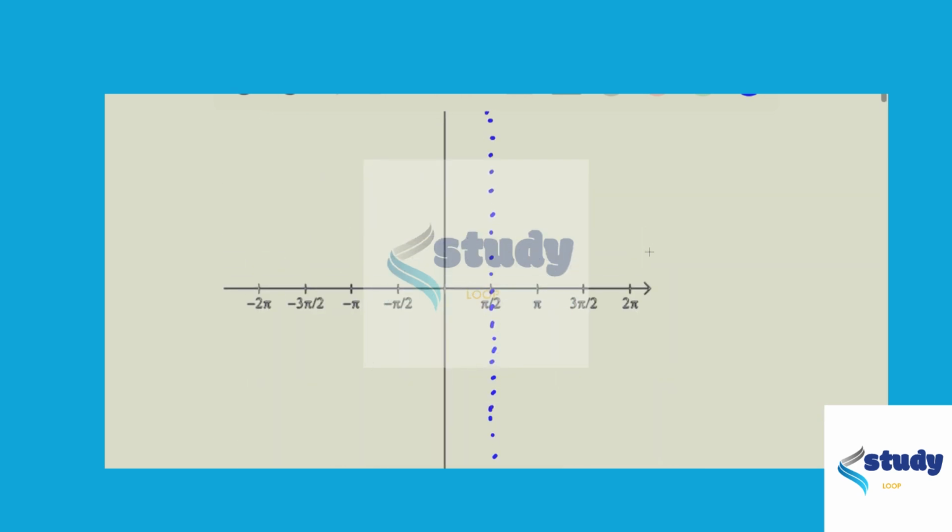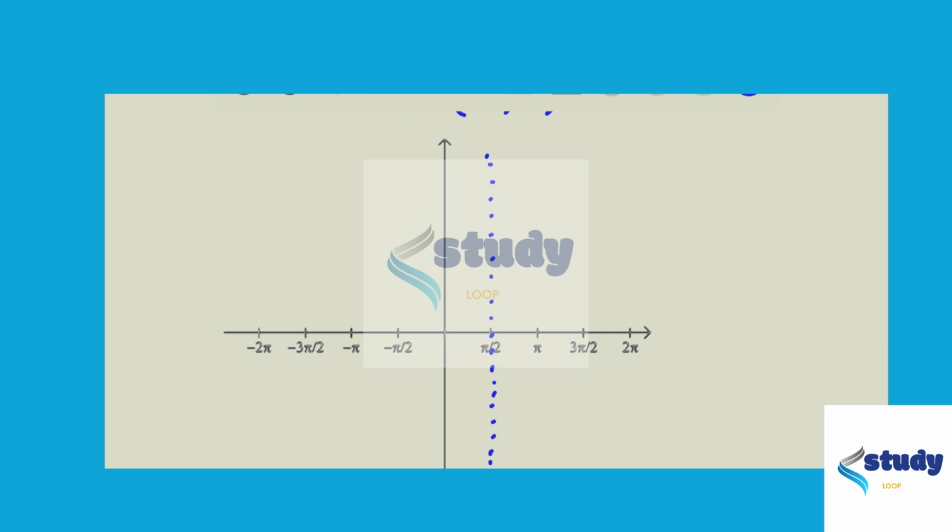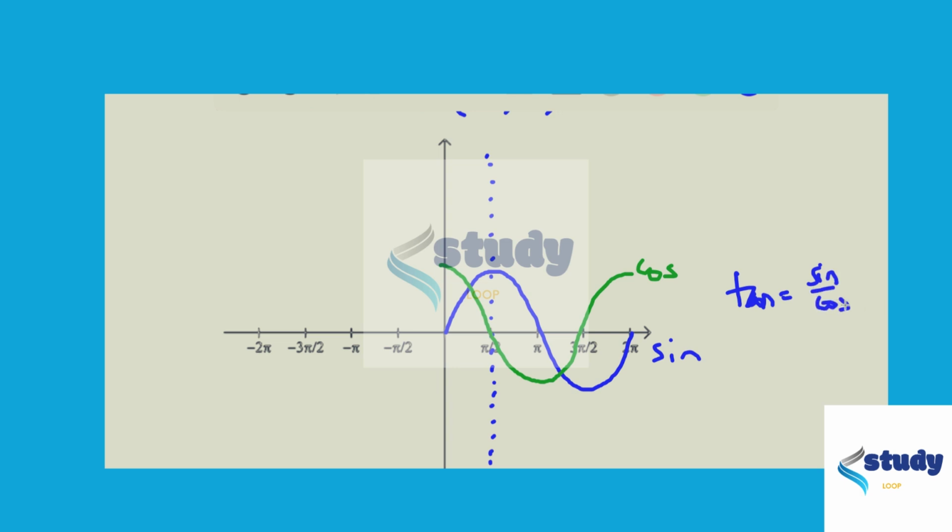So even if you thought of, let me sketch in here, sine and cosine, okay? Sine divided by cosine, anytime you divide by 0, the cosine is 0, then you're going to have an asymptote.